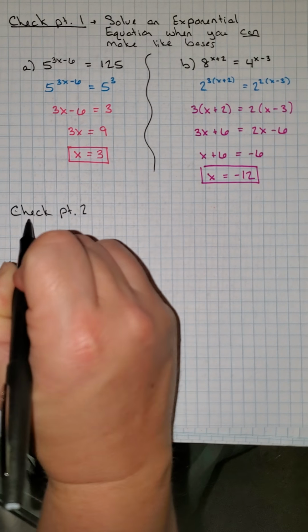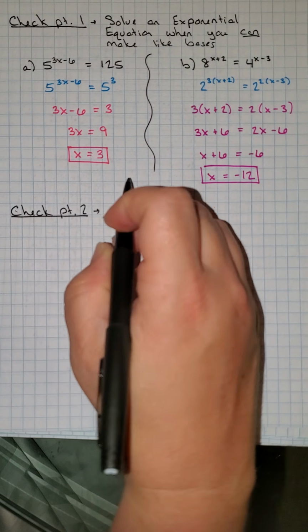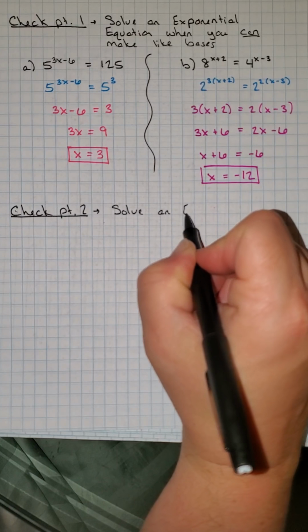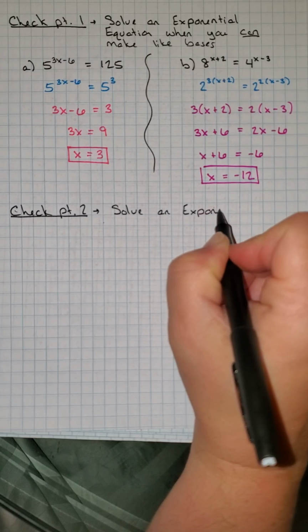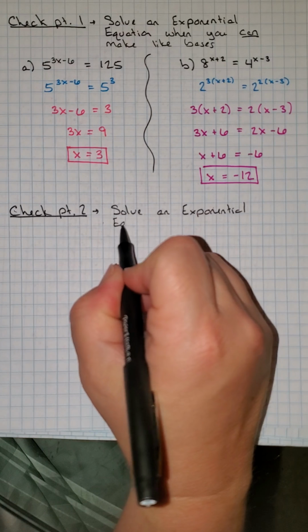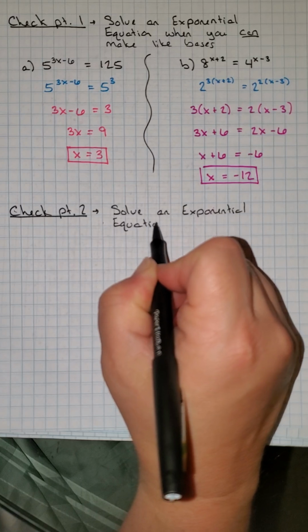So checkpoint 2 is to solve an exponential equation when you cannot make like bases.